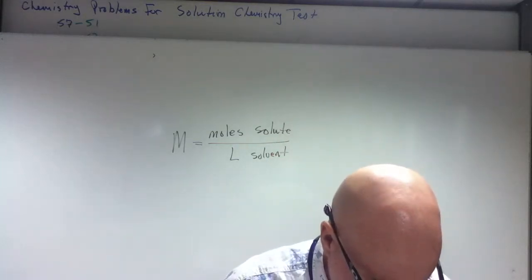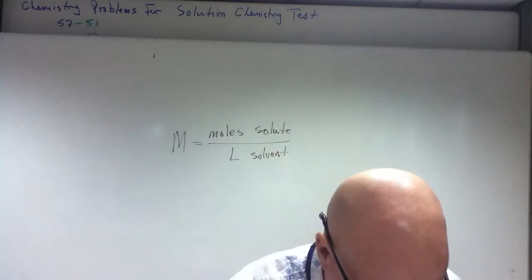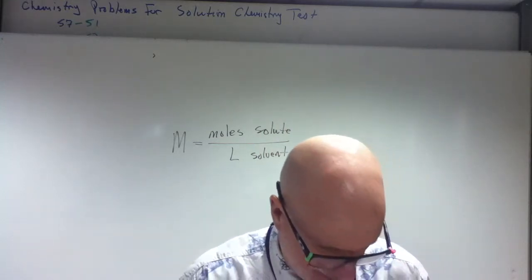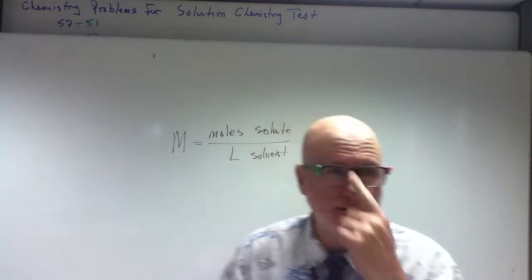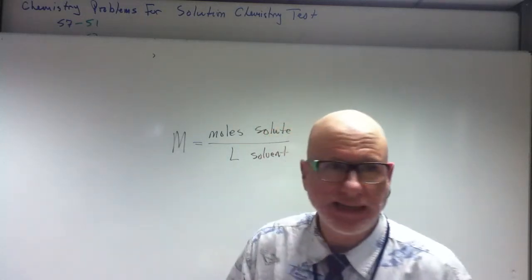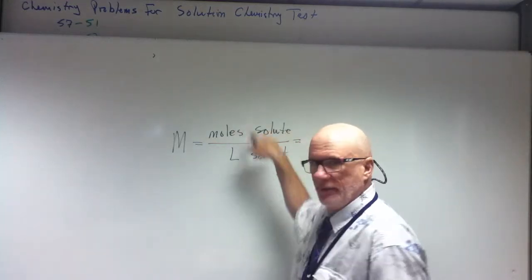Now, then it says to do A and B. And it says, calculate the molarity of each of these. It says 1 mole of potassium chloride in 750 milliliters of water. Okay? Let's expand this formula.